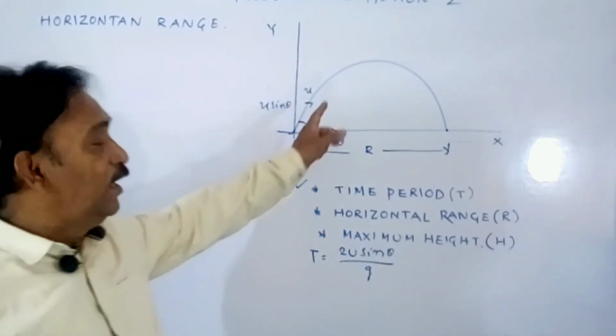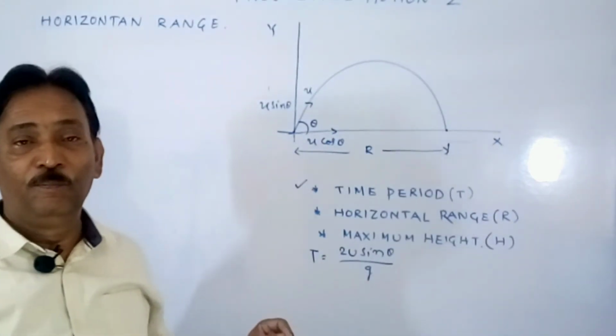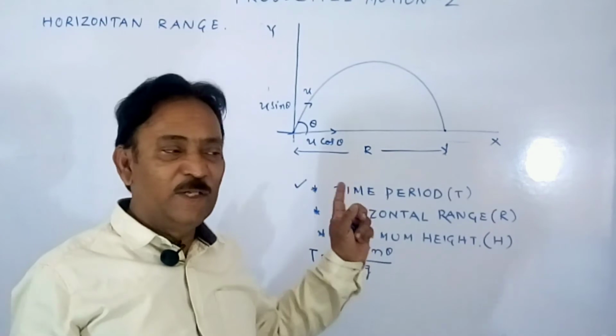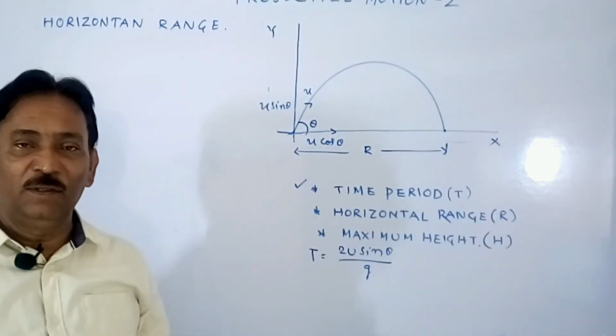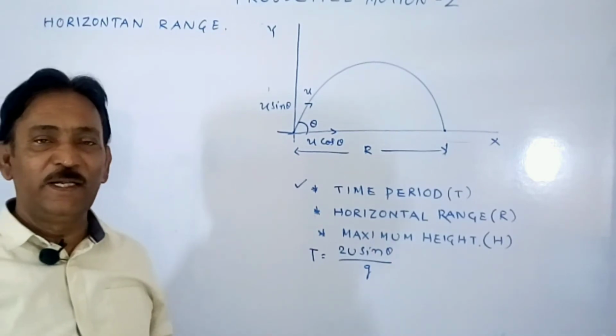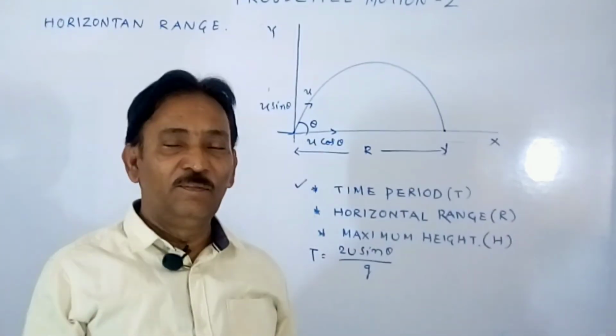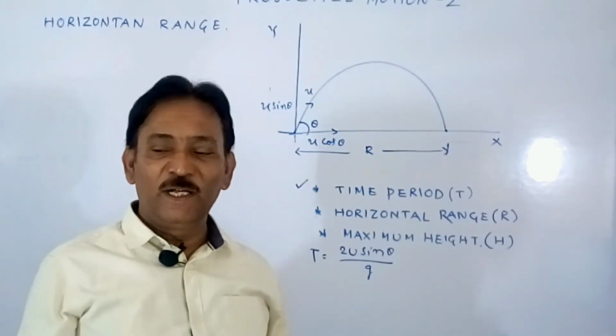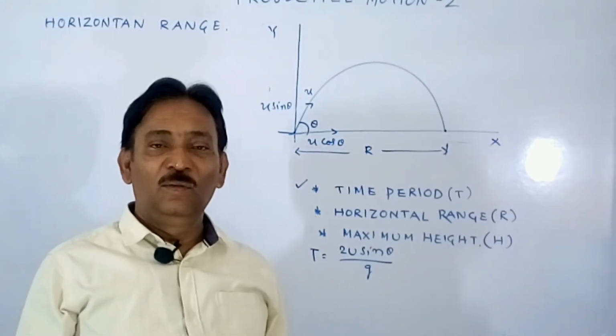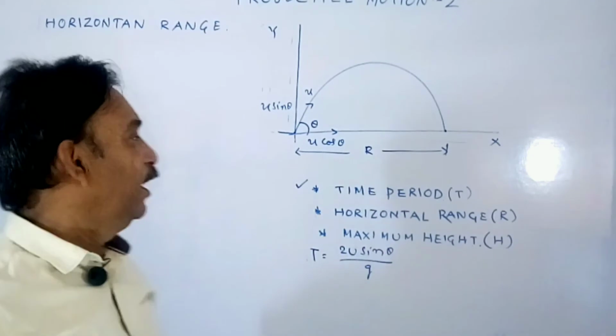If it is a projectile, the vertical component gets affected by acceleration due to gravity. But from the beginning we are saying that acceleration along the x-axis remains zero, since it is not experiencing any effect of gravity.